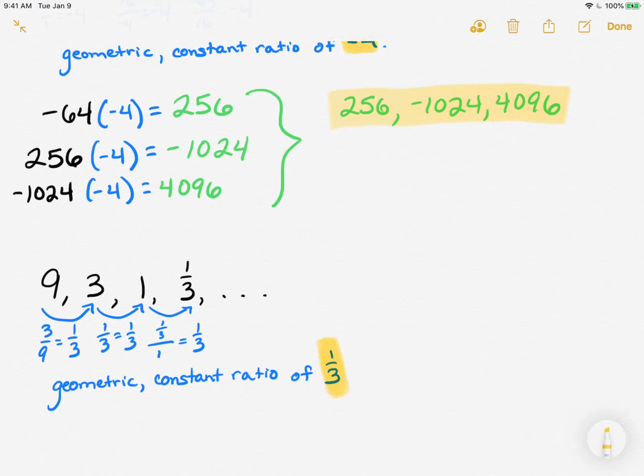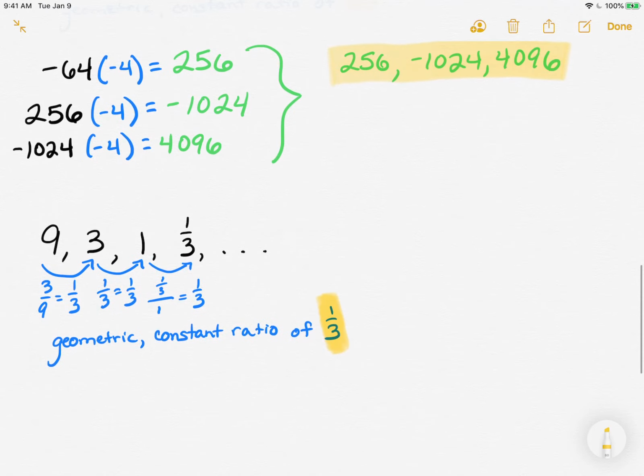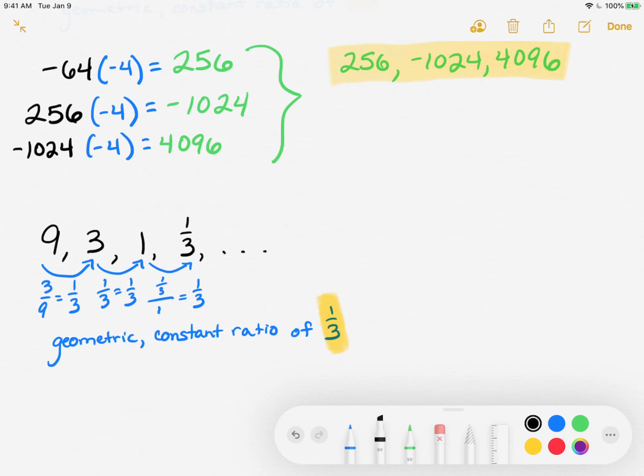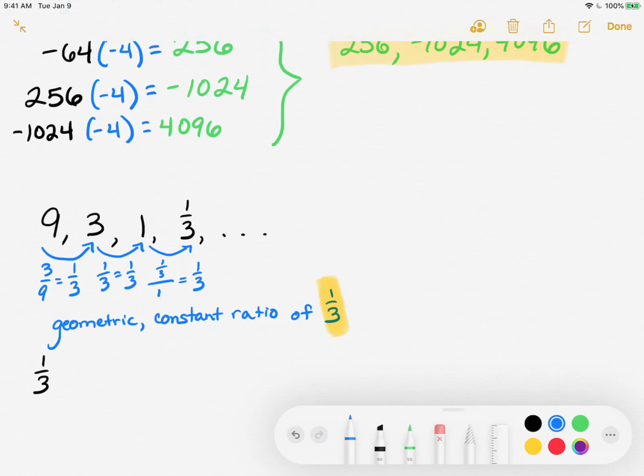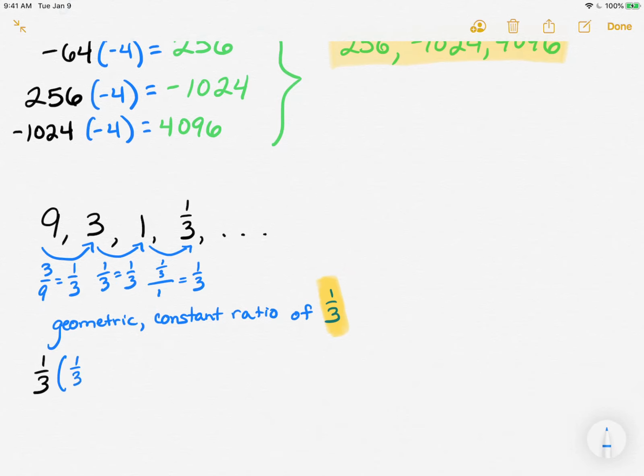Which means I just continue multiplying every single number by 1/3. I still want the next 3 numbers in the sequence, just like I did before. So I'm going to take the last number I had, which was 1/3, and multiply that by my ratio, which is 1/3. You may want to use the calculator for this, that's fine, but the number you'll come up with is 1/9.